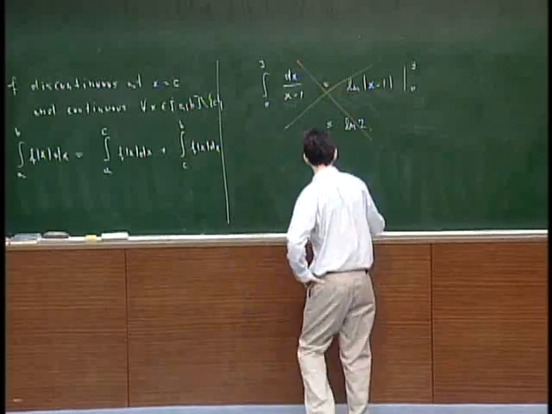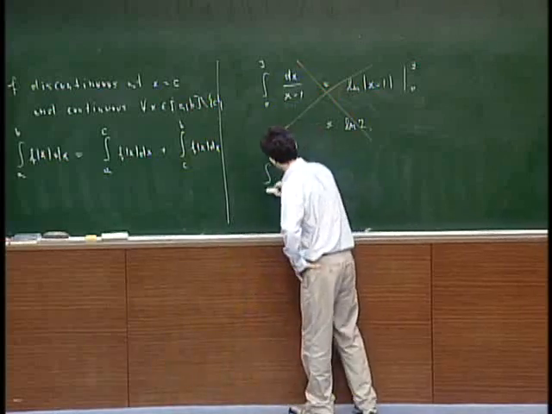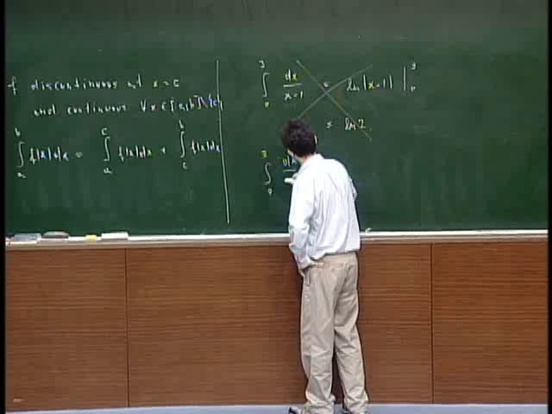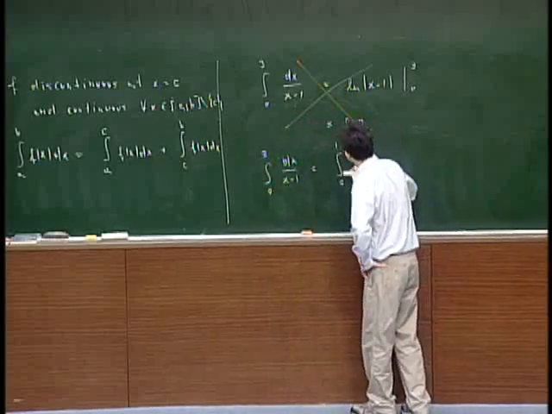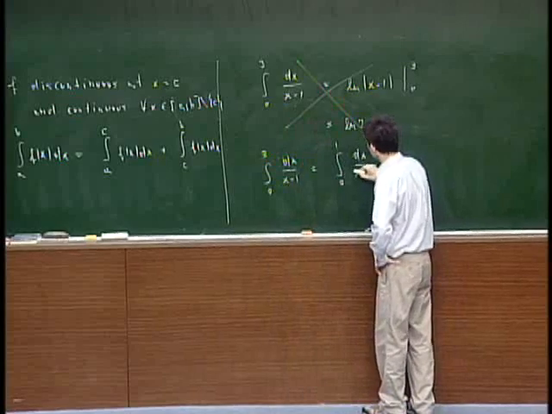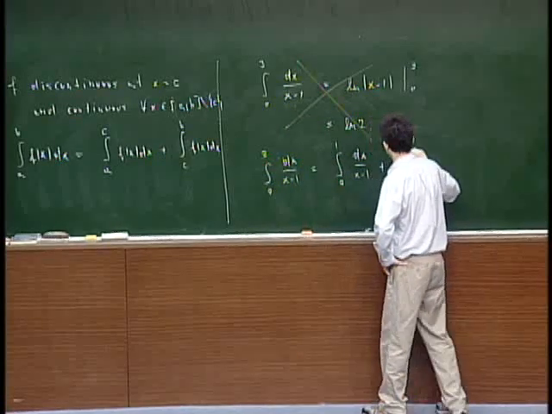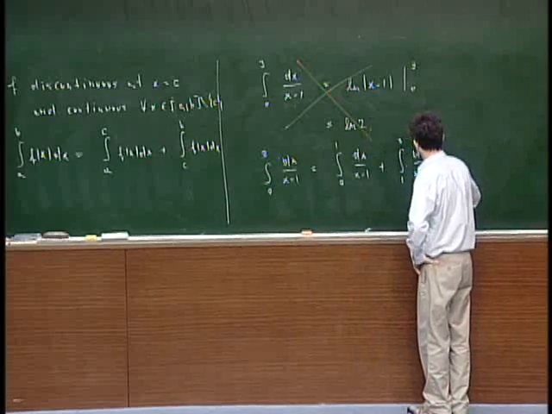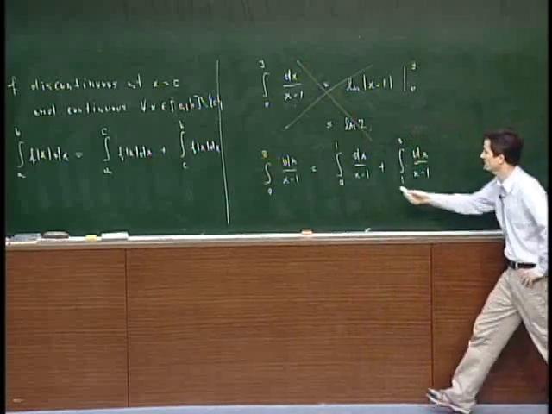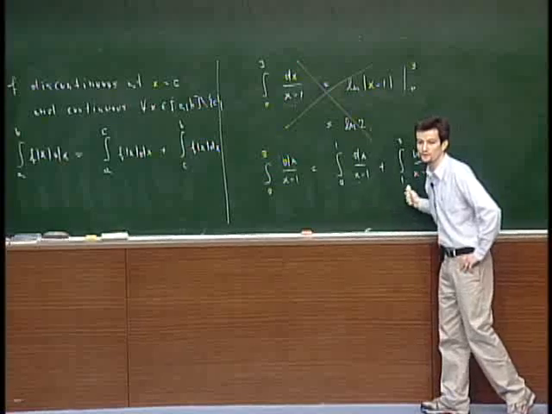The reason is that you have to break it into two parts. This is the first part plus this is the second part. And then you have to check separately whether those two are convergent.